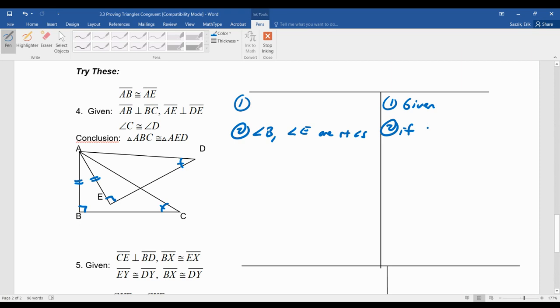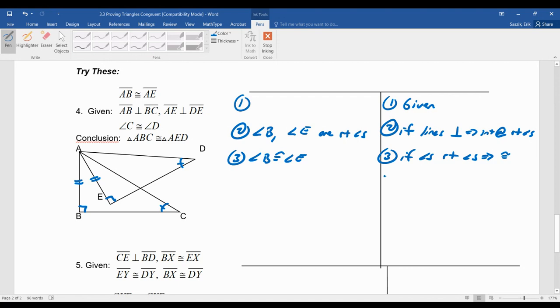And that would be, again, reason 10 on your gold sheet: if lines perpendicular, then they intersect at right angles. And then we can say in the next step that they are congruent. And that's because if angles are right angles, then they are congruent.